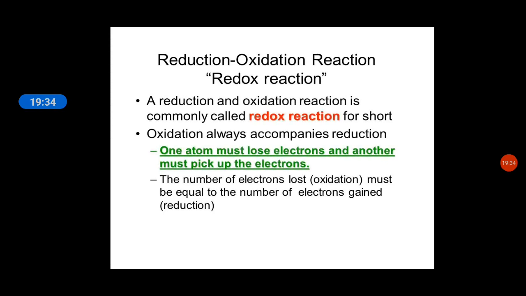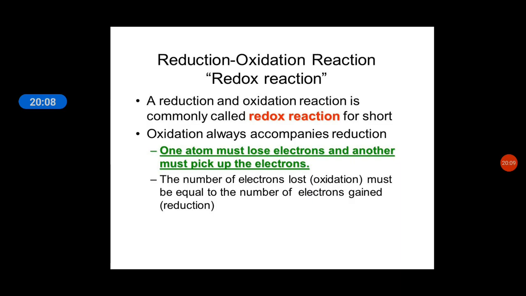Now a reduction and oxidation reaction is also called a redox reaction for short. Oxidation always accompanies reduction. One atom must lose an electron and another must pick up that electron.